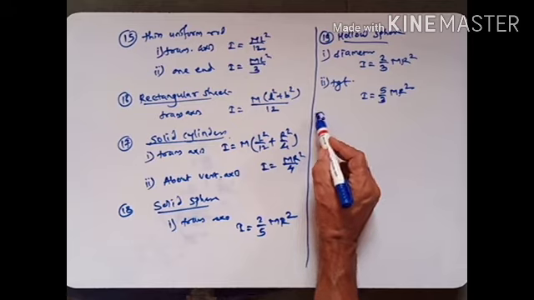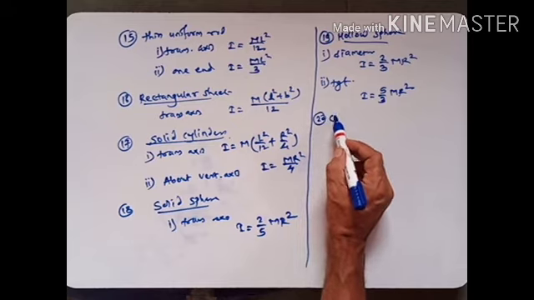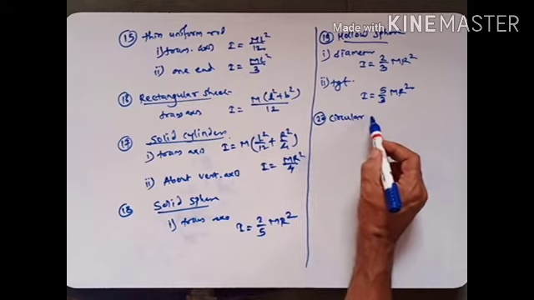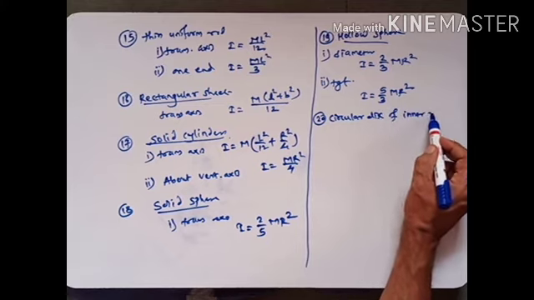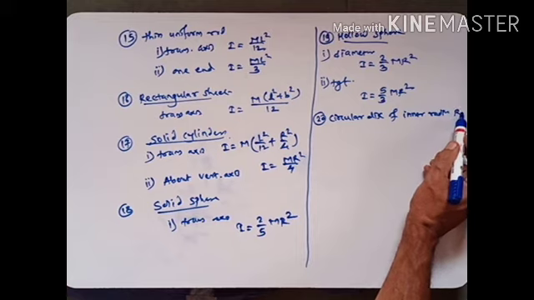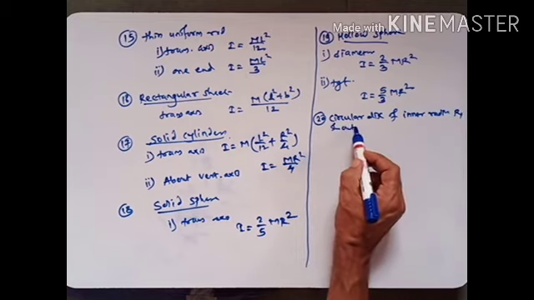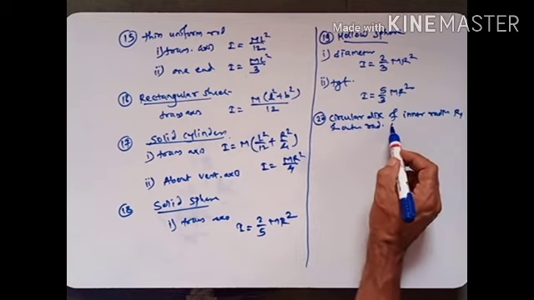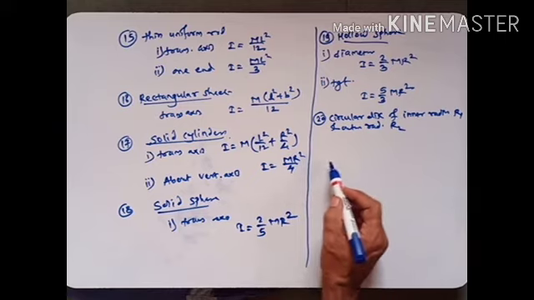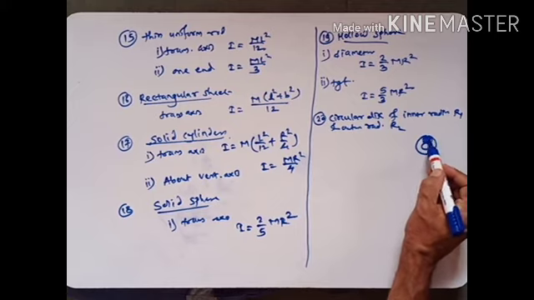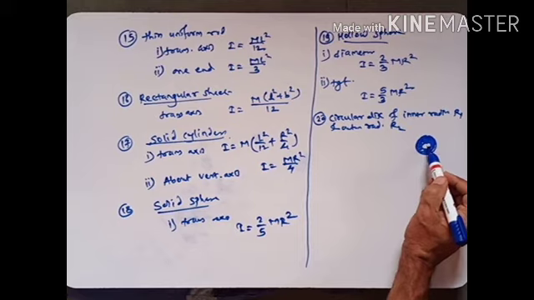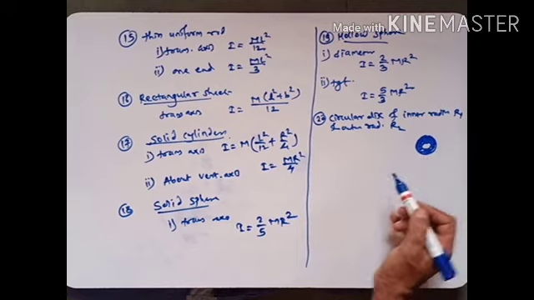Now point number 20. Circular disc of inner radius r1 and outer radius r2. Means like this here. Suppose this is the disc, having inner radius as r1 and outer as r2.